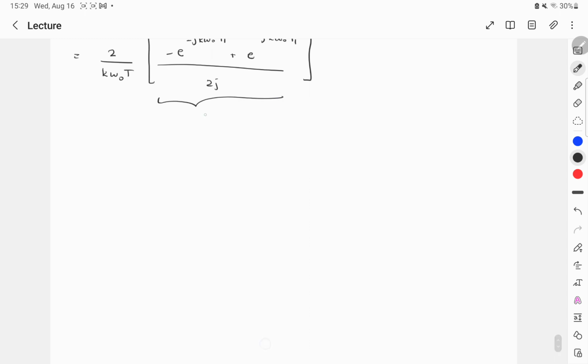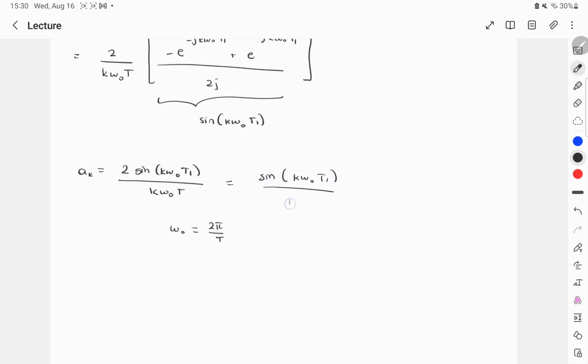And then since we already know that this part is equal to sin k omega_0 T1, we can write the coefficient a_k as sin k omega_0 T1 over k pi times, and instead of omega_0 we can write 2 pi over T, and this equals sin(k omega_0 T1) over k pi.